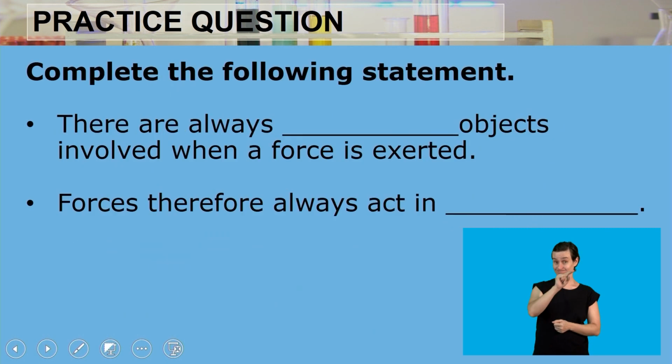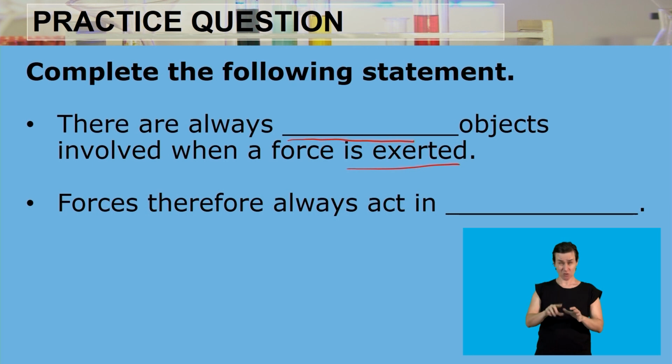Next question. So we now need to complete the following statements. We are told that there are always something objects involved when a force is exerted. So we do know that for a force to be exerted, there needs to be two objects. One object needs to exert a force onto the other, and remember, if the force is applied onto an object, that object will apply the very same force back but in an opposite direction.